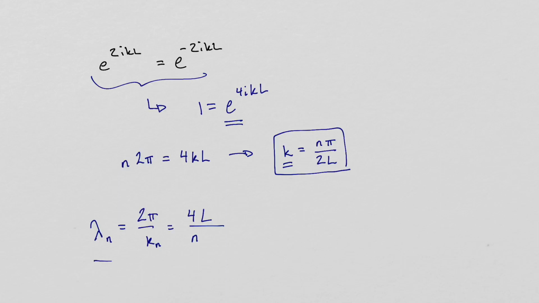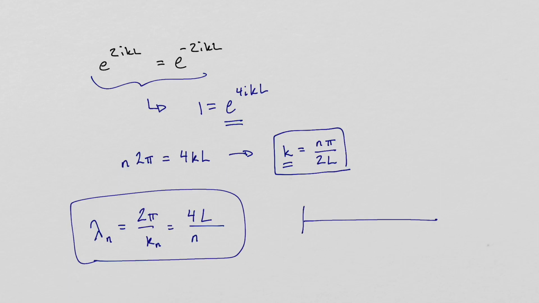Right. And so what this tells me is that there are only a certain set of allowed wavelengths, right? There's only a certain set of allowed wavelengths, where the lowest possible of these wavelengths, when n is equal to 1, is going to be given by 4L. Well, the string is 2L long, 4L being the wavelength. Well, that is, of course, just the fundamental harmonic of the string, or the first standing wave.